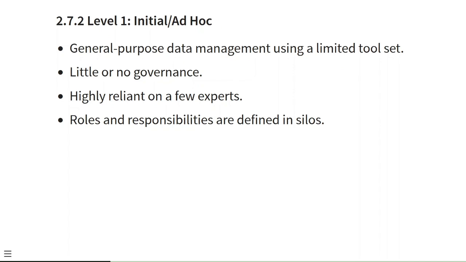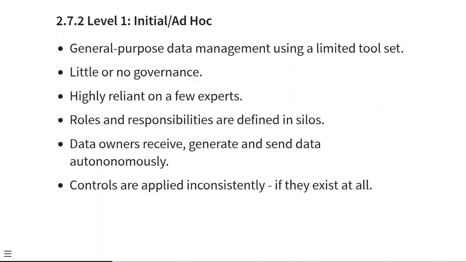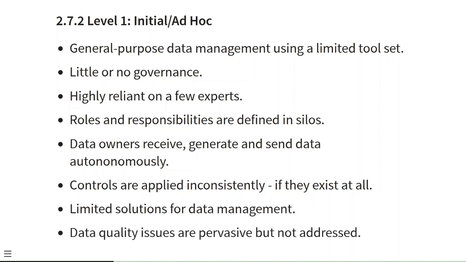Roles and responsibilities are defined in silos. Data owners receive, generate, and send data autonomously. Controls are applied inconsistently if they exist at all. Limited solutions for data management, and data quality issues are pervasive but not addressed.